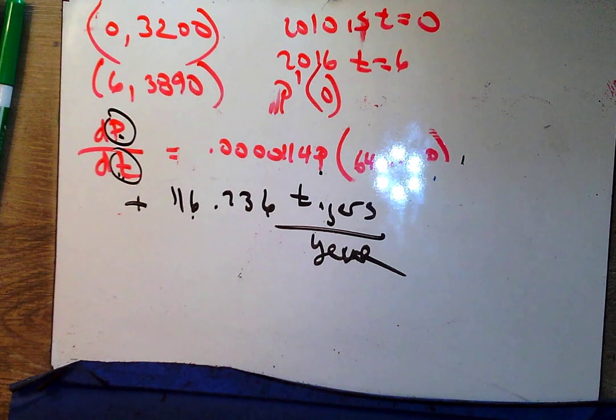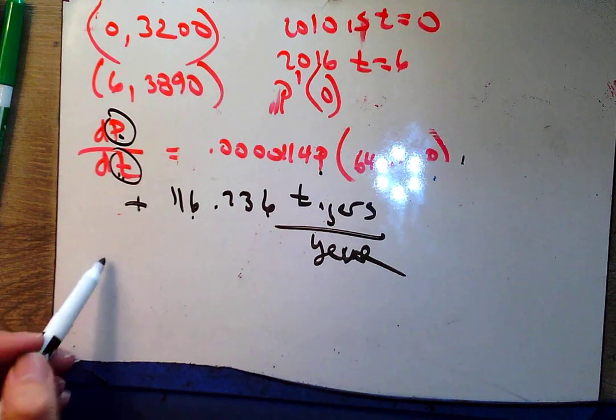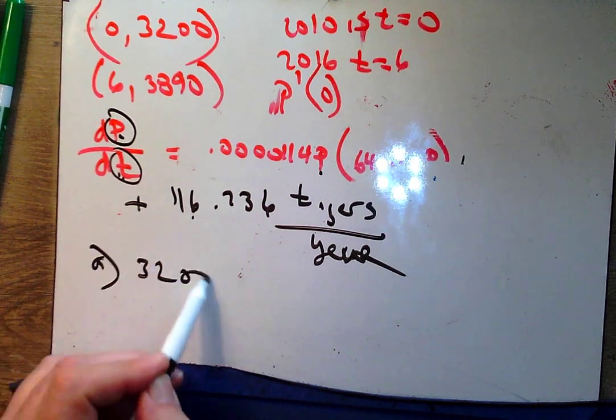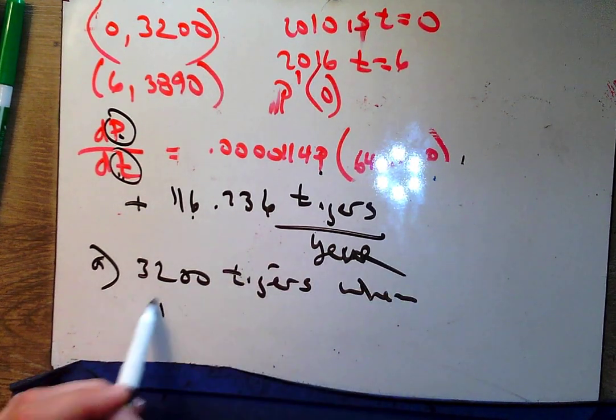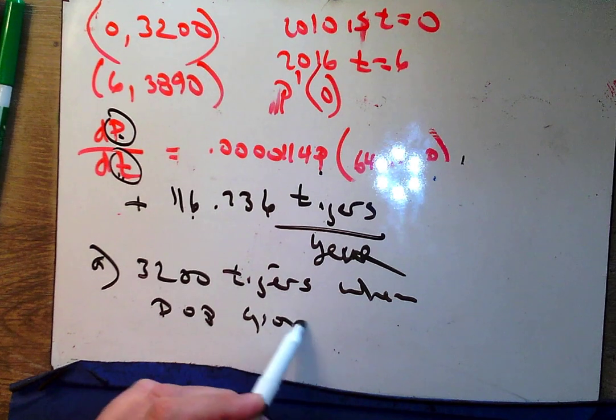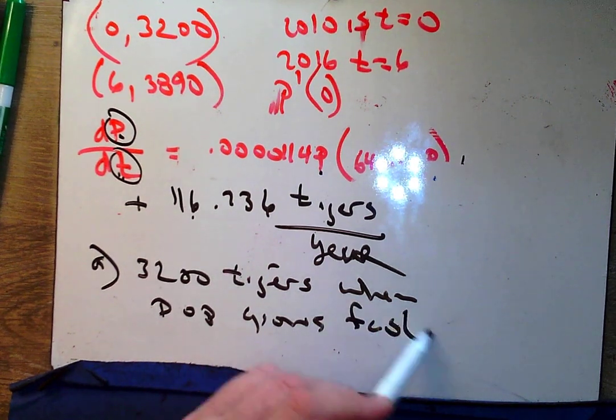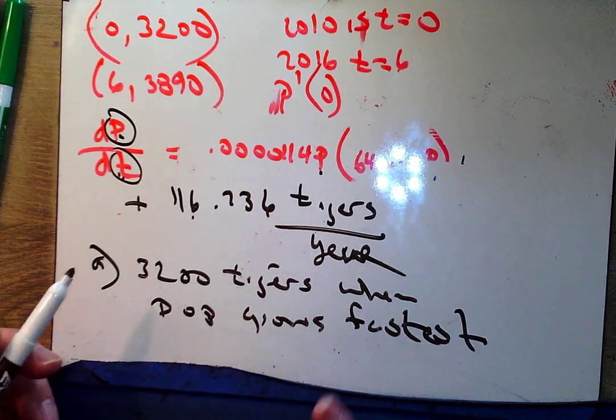And what was the time? How many tigers are there when the population is increasing fastest? So there are 3,200 tigers when the population grows fastest. Okay, and there's two ways we could do this.